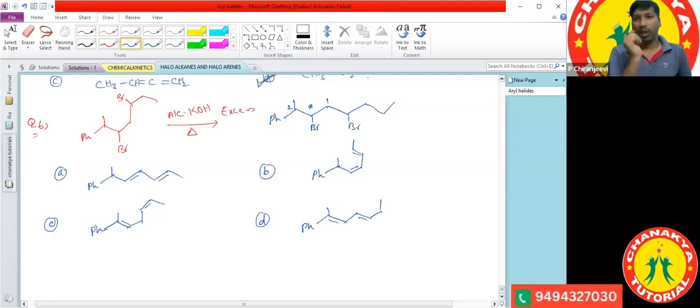According to the Saytzeff rule, we have two possibilities to remove hydrogen bromide. I already gave the numbering also: the first carbon atom and the second carbon. Here also one hydrogen atom is there, and here also one hydrogen atom is there. From where can we remove the hydrogen atom so that it becomes more stable? That is my question.